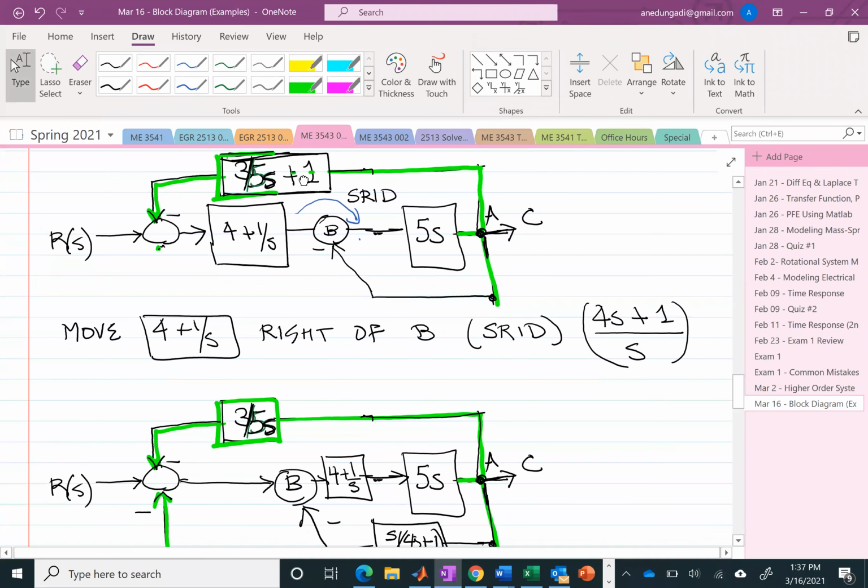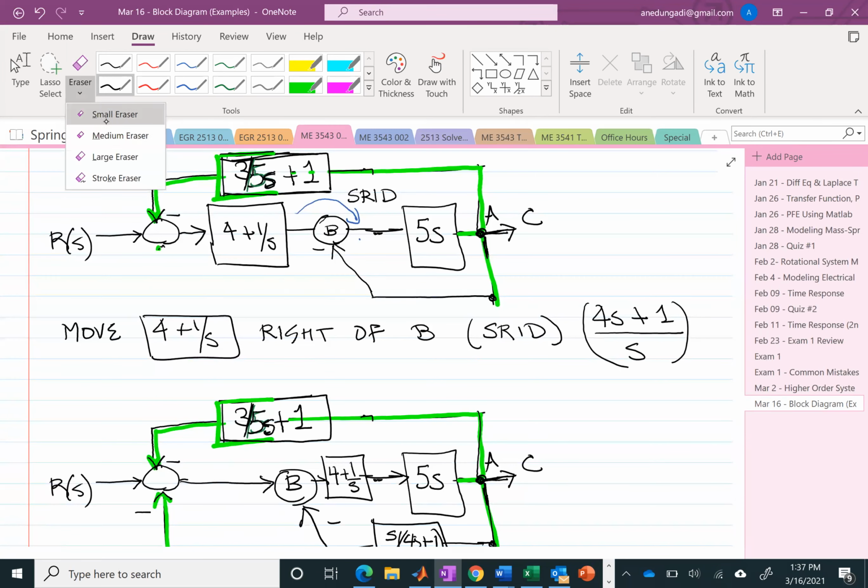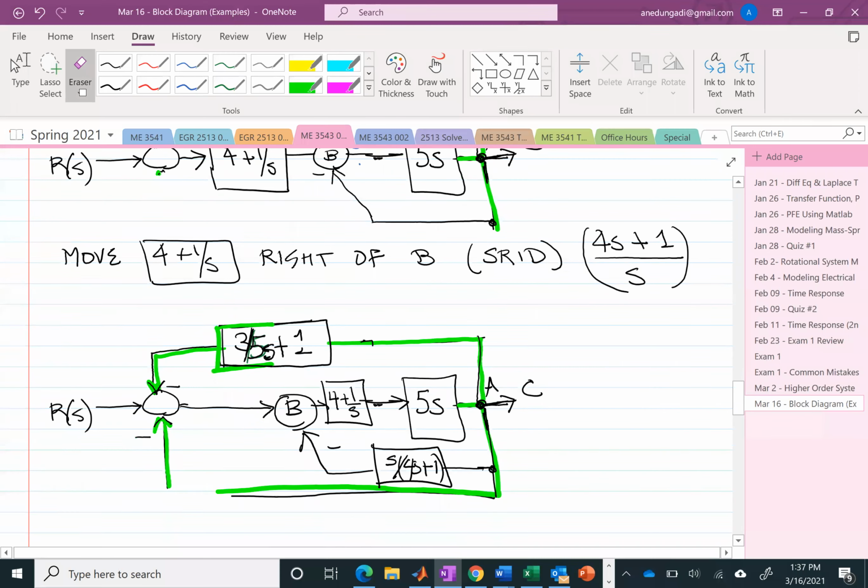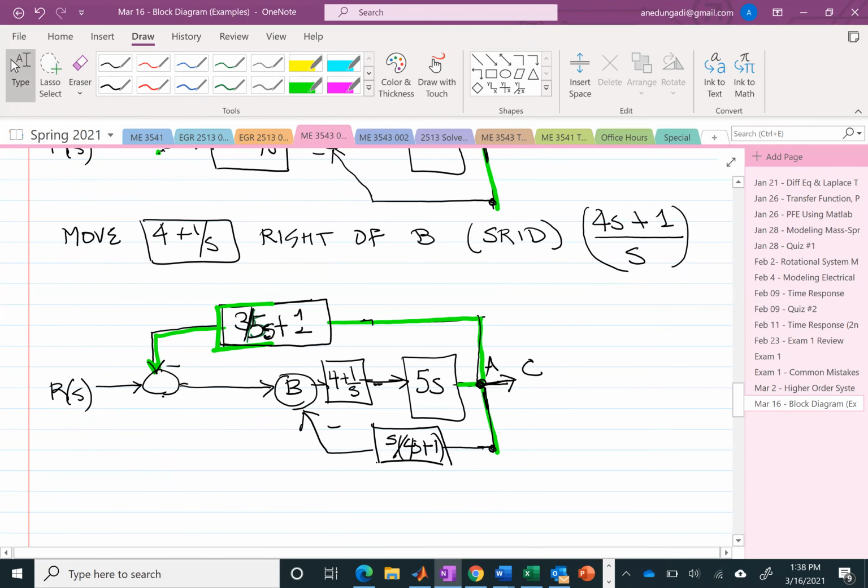This is not 3 over 5S, it's 3 over 5S plus 1. So this doesn't exist anymore. Okay, this doesn't exist anymore. Is everybody okay with that?